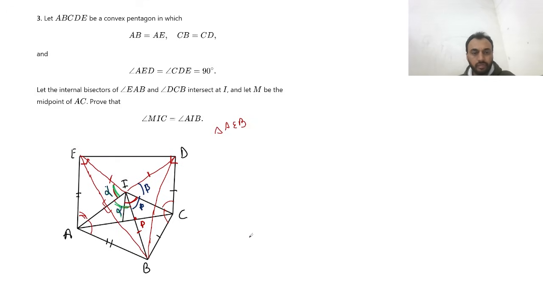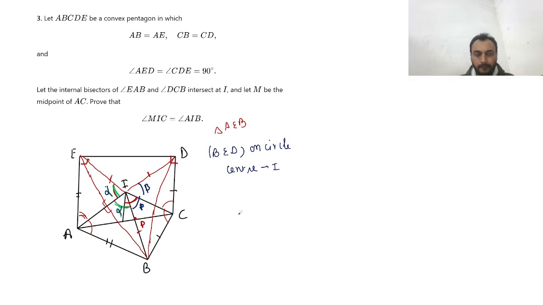Now we can see one more thing, that B, E, D lie on a circle with center I, because IE is equal to ID is equal to IB. Okay, so that is also what we get from here.